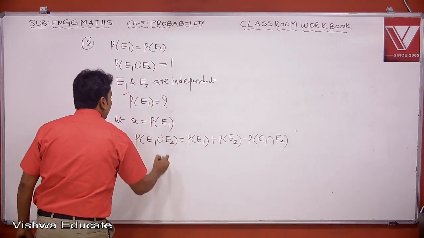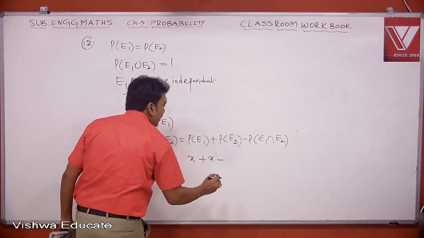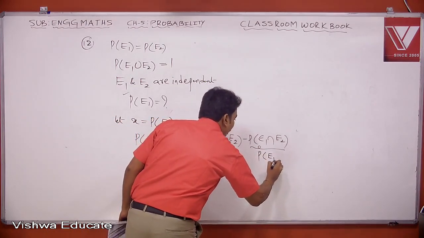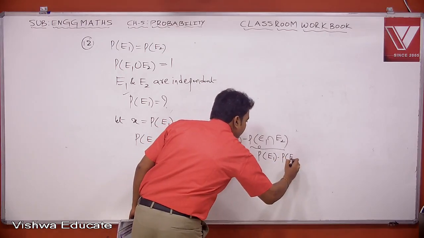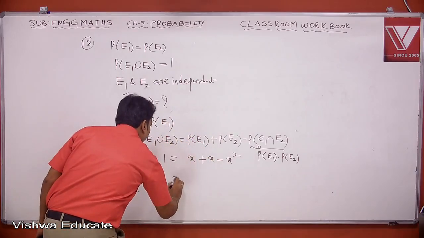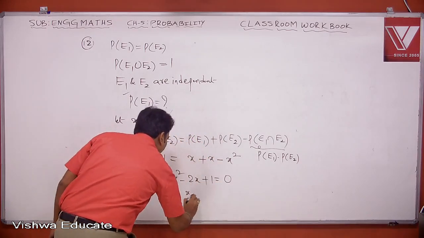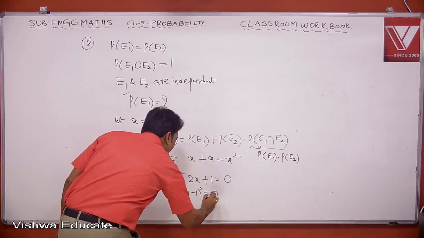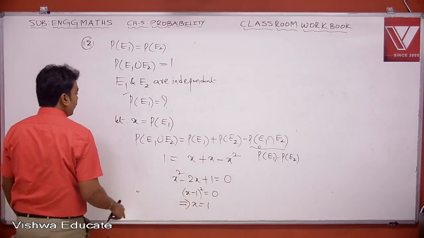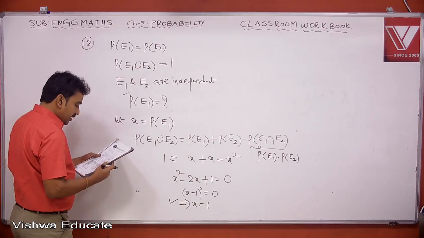P of E1 union E2 is 1, P of E1 is X, P of E2 is X. Here these two are independent events, so the intersection becomes P of E1 dot P of E2, that is X into X, X square. So therefore X square minus 2X plus 1 equals 0. So this implies X minus 1 whole square is 0, so the value of X is 1. Therefore P of E1 is 1. So the answer is D.